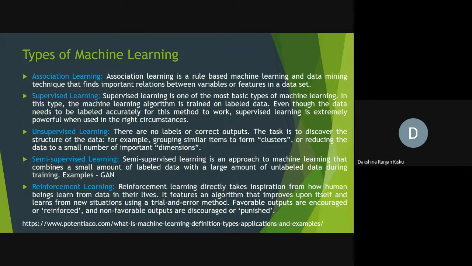Now, association based learning is considered to be a rule based machine learning algorithm and data mining technique that can be used to find the important relations between variables or features in a data set.